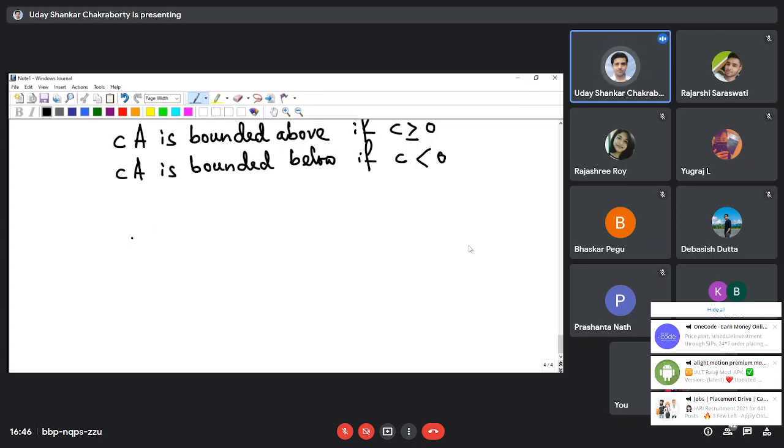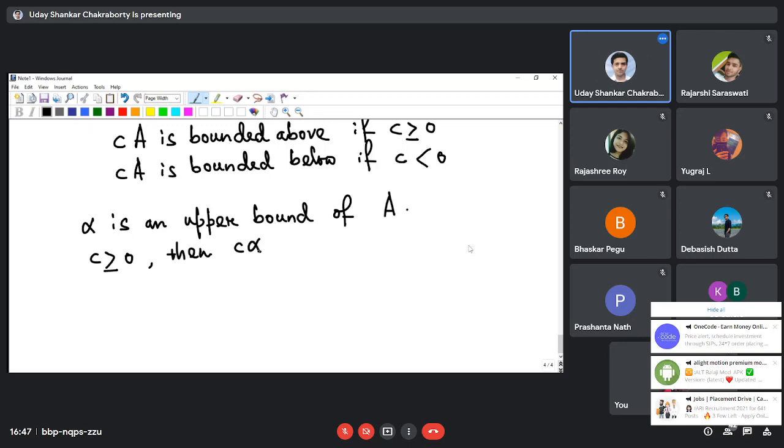In this case, suppose alpha is an upper bound of A. If C is greater than or equal to 0, then whatever Bhaskar said is correct. C alpha is an upper bound of CA.